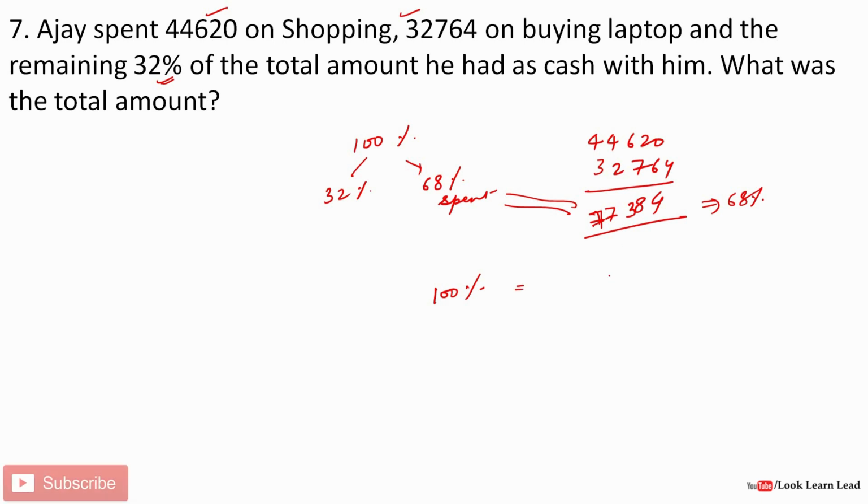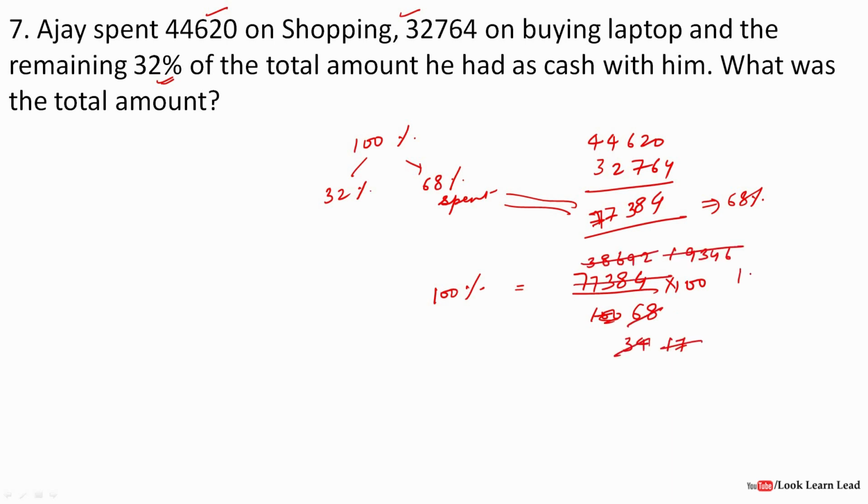So what would be the 100%? This is simple. It is this divided by 68, into 100. Okay, 34, 17. First, I'll go with the 2 table only. So it is 1138. So the answer is 1138, and these 2 zeros. So this would be your answer.